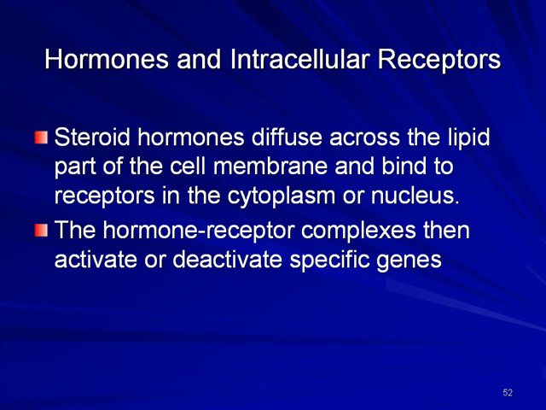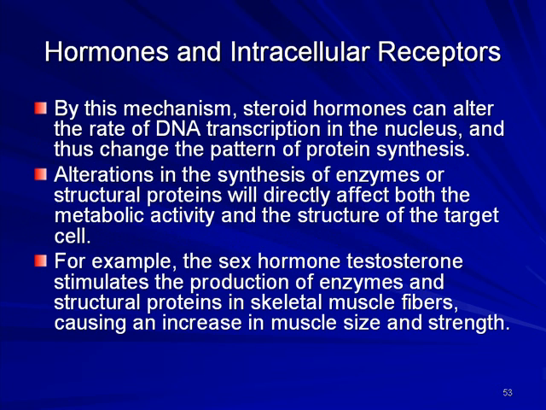Remember the phospholipid bilayer of the cell membrane, so they have to be lipid-soluble structures to be able to diffuse across the membrane. They bind to receptors located inside the cytoplasm or on the nucleus. The hormone receptor complexes then activate or deactivate specific genes. By this mechanism, steroid hormones can alter the rate of DNA transcription in the nucleus. We can see it change the pattern of protein synthesis.